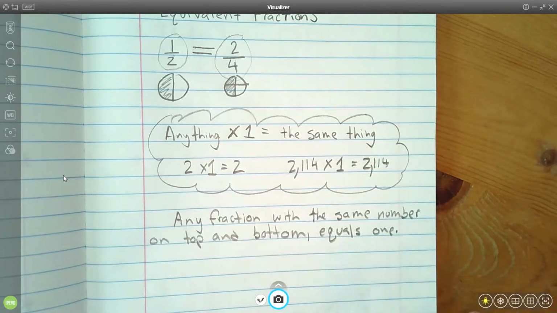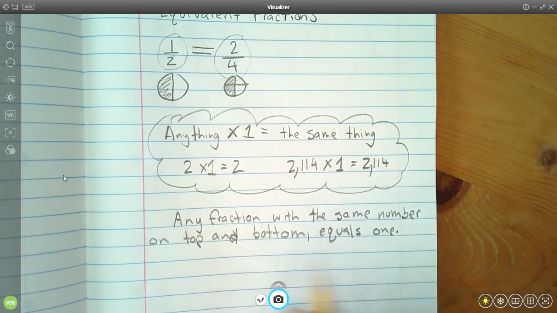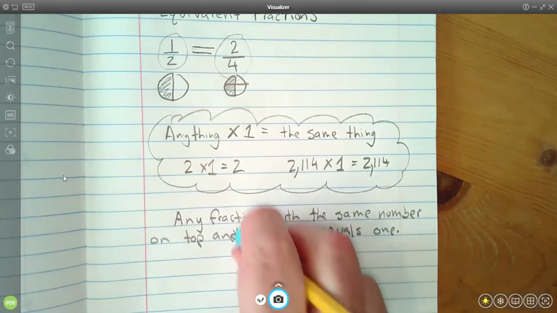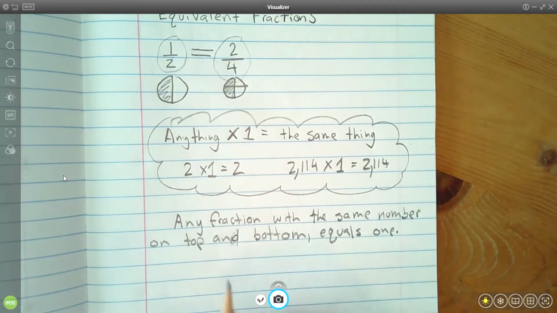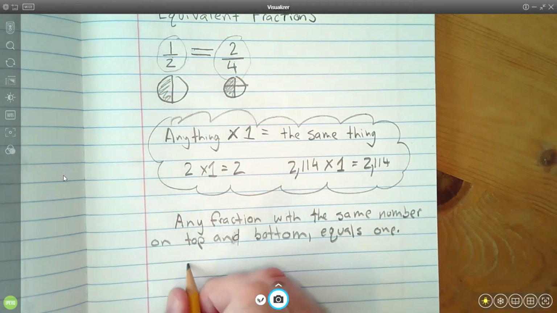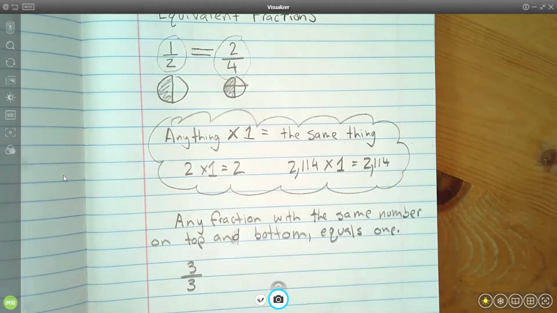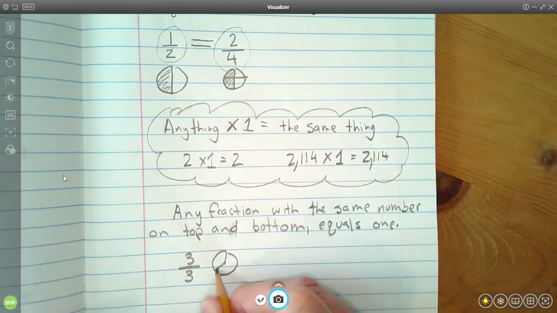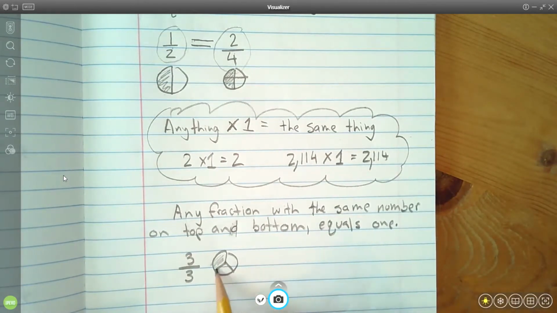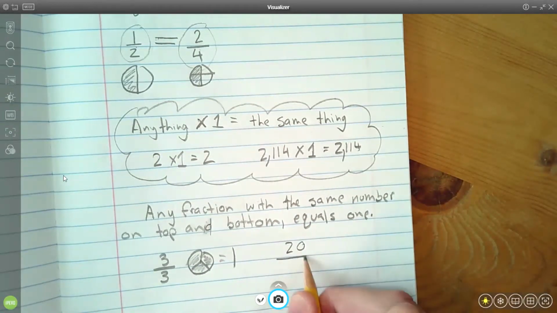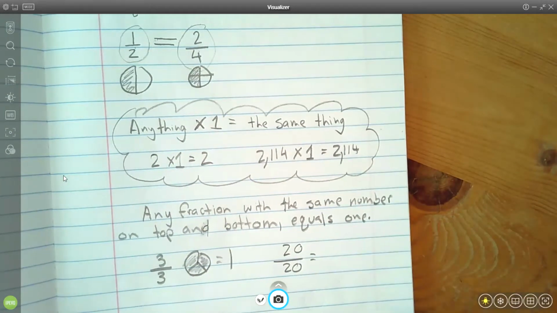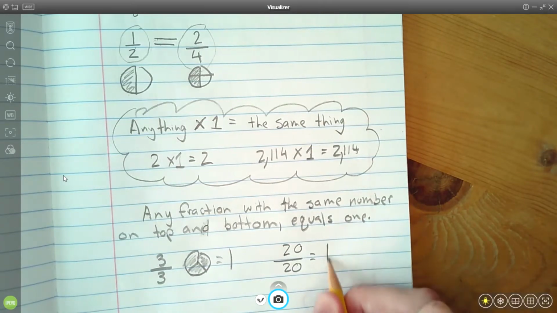Okay, and I know we haven't really used denominator and numerator as top and bottom numbers for right now, but that'll come a little bit later. And we'll start using them when we talk about common denominators, but I want to make sure it's really clear because we don't have a whole bunch of time, right? The top and bottom numbers, if they're the same. So 3 out of 3 means I have a pizza. I cut it into 3 pieces. I eat 1, 2, 3 pieces. That equals the whole pizza. Okay? Or 20 over 20. I'm not going to draw a pizza with 20 slices in there, but that also equals 1 whole pizza.